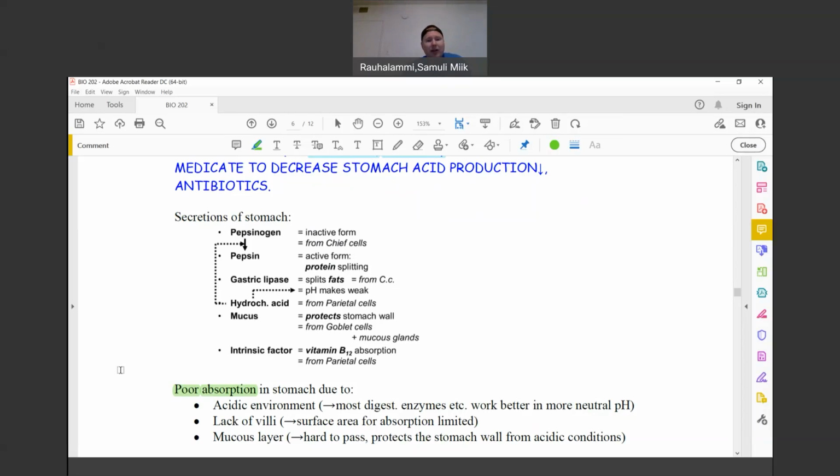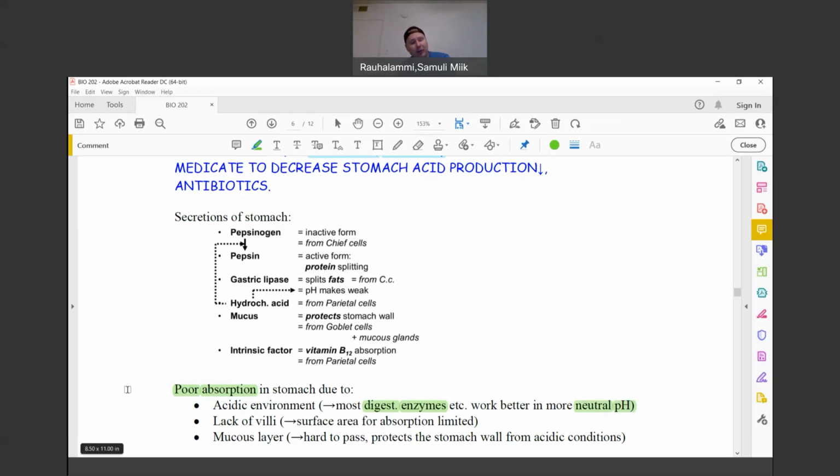Remember, the stomach contains a very acidic environment. And what we find is that most digestive enzymes don't work very well in a highly acidic environment. So for them to work for digestion and absorption, we would need a more neutral pH than the acidity that we have within the stomach.